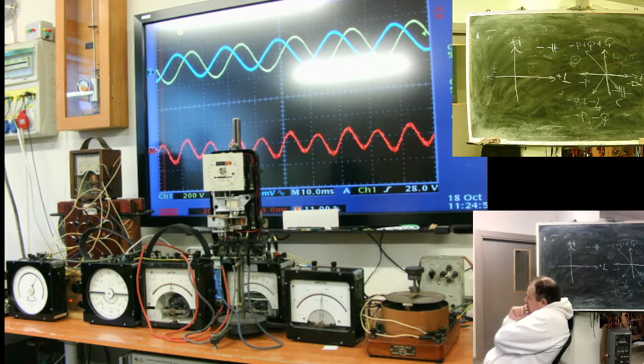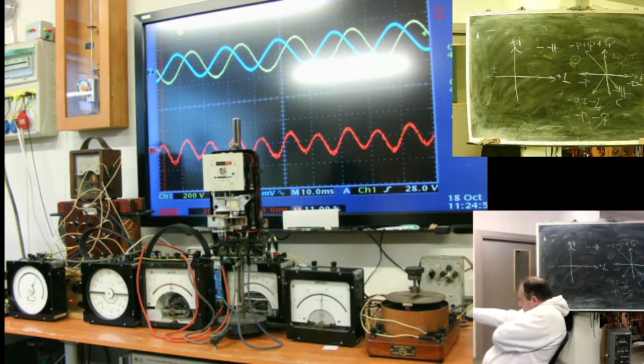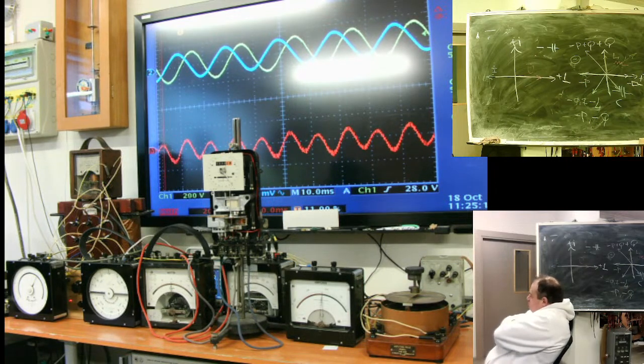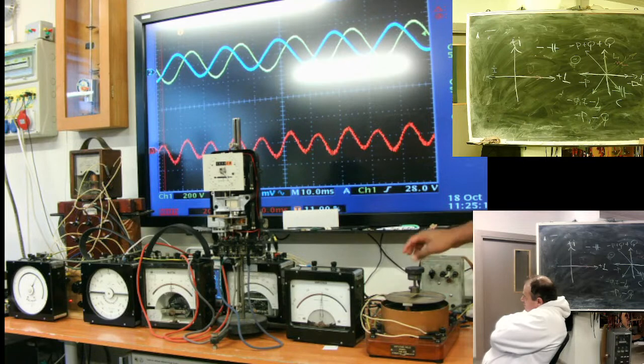Yeah, current is leading. 90 degrees, power factor 0, active power 0, and reactive power -7.576, something like this. Get us positive reactive power. Positive reactive power.